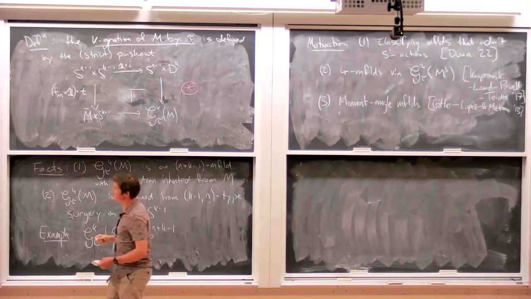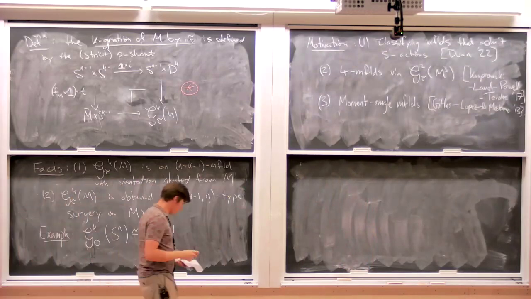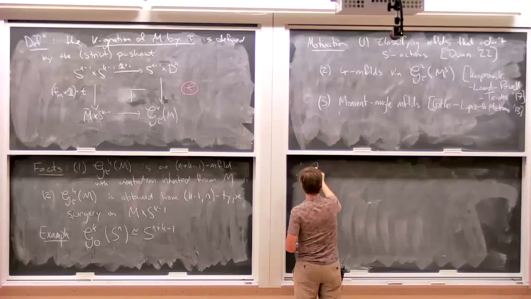So I've told you what a gyration is, and I've told you why we should care. Now I'll tell you what gyration stability is. So the central question of this talk is the following.